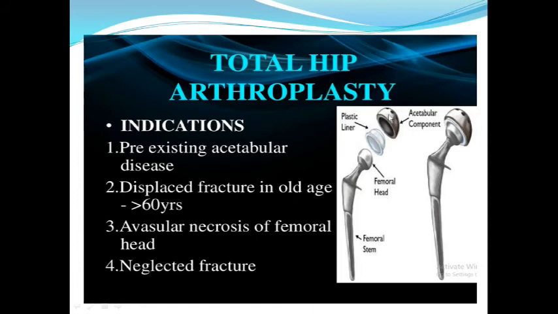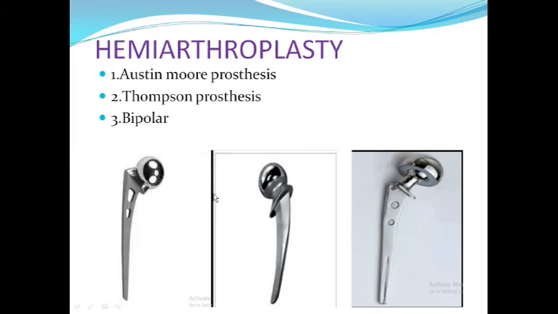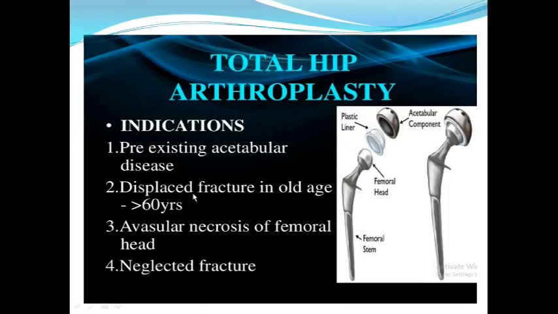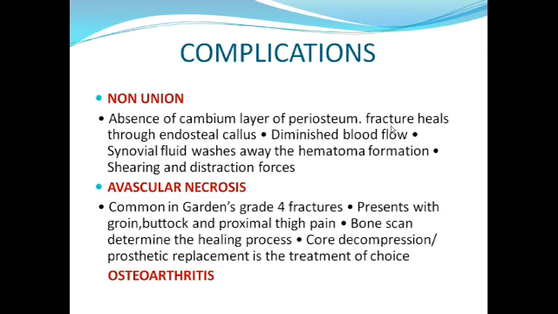Okay, so this is total hip. This was the hemiarthroplasty set where we only change the femoral part, but in total hip replacement, we also put a cup in the acetabulum. So what are the complications of neck of femur fractures?